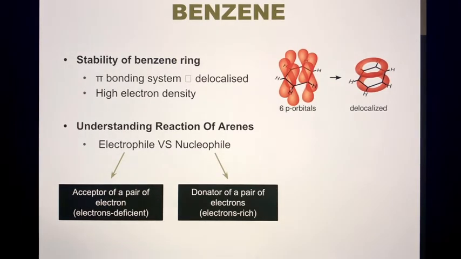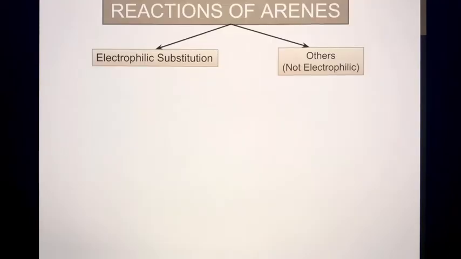Okay, now going to the reactions of arenes. What's so famous in reactions of arenes is electrophilic substitution. Not only that, but also the non-electrophilic ones, basically the normal reactions a compound would undergo.